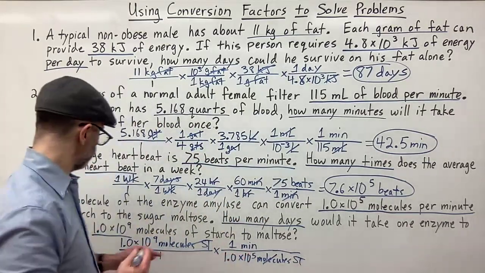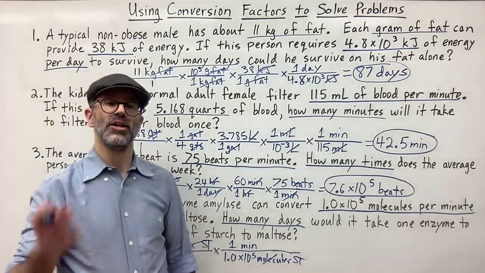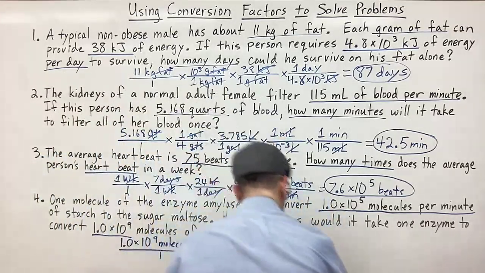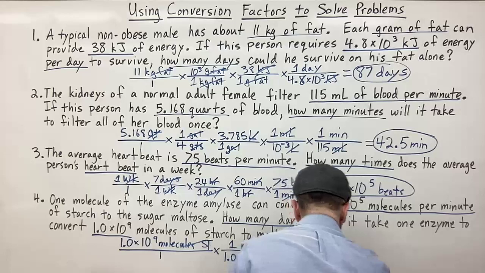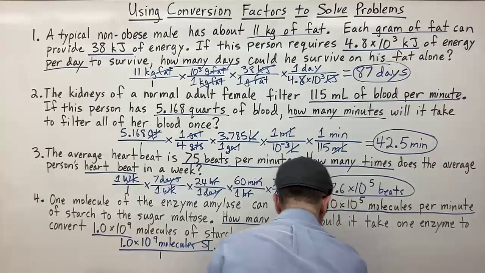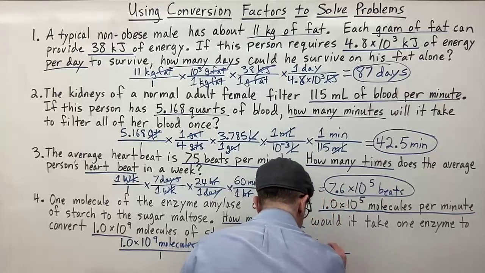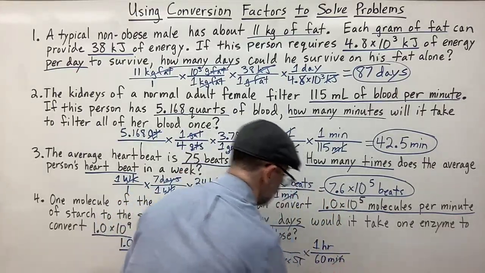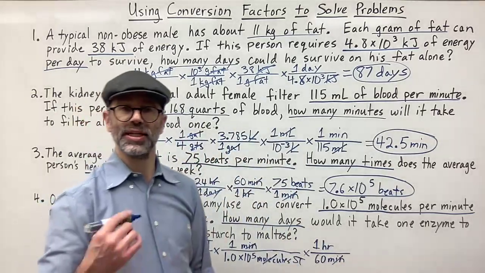Now I have minutes. What do we want? We want how many days? So I need to convert minutes to days. So I know that 1 hour is equal to 60 minutes. So I'm going to put 60 minutes on the bottom and 1 hour on top. So minutes cancel out. And I know there's 24 hours in a day.